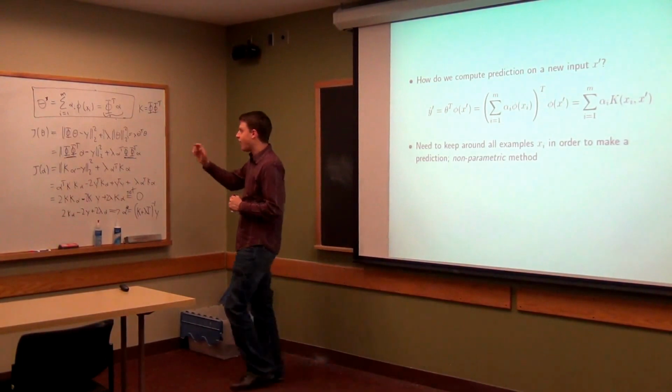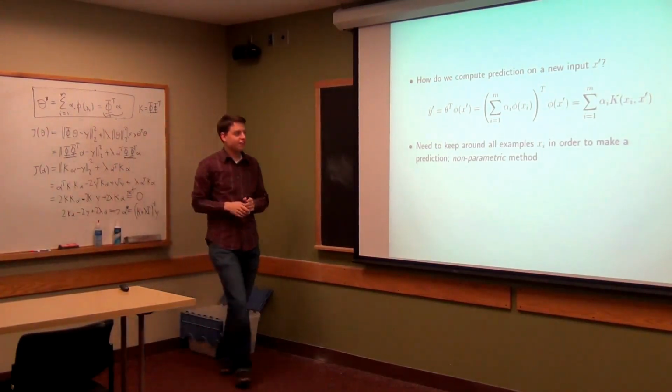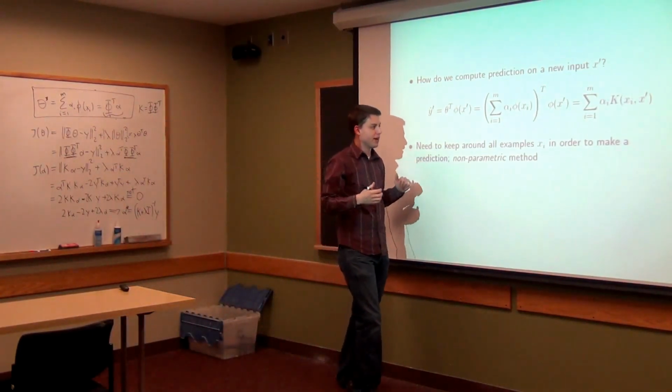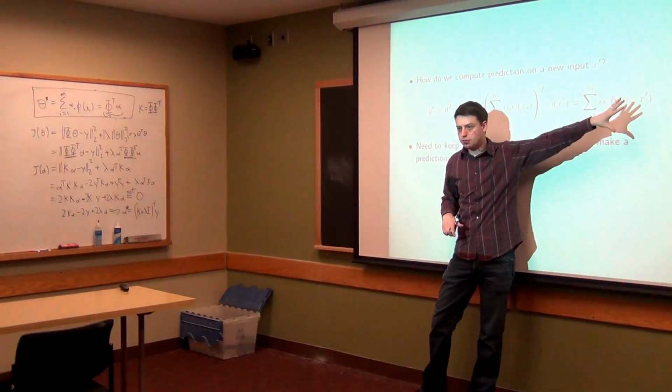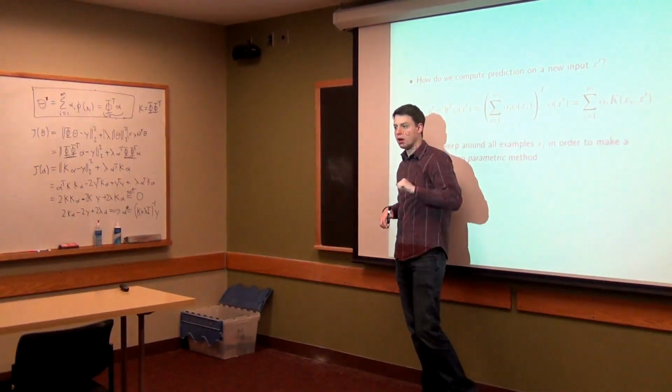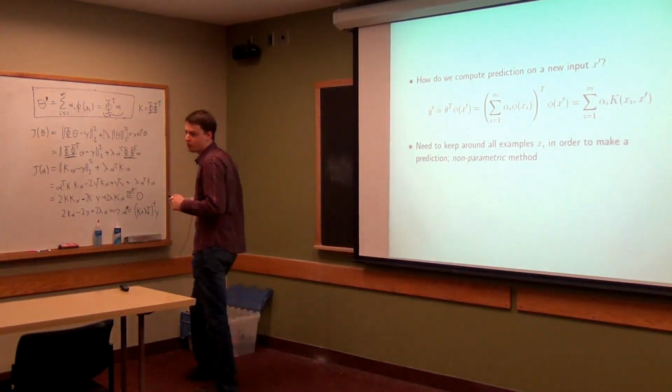The number of alphas you need will grow with the size of your data set. In some sense, you have to keep all the old examples around, rather than just throwing them away and trusting your one set of parameters anymore.